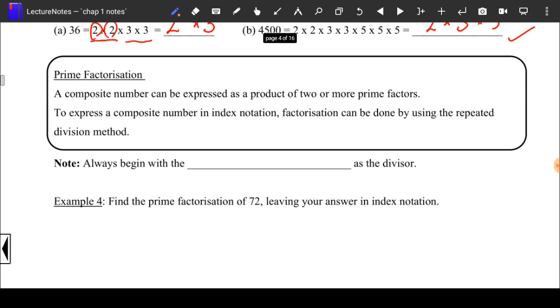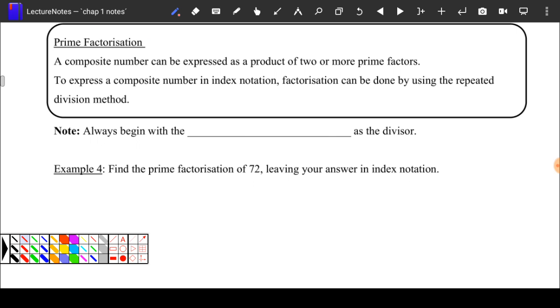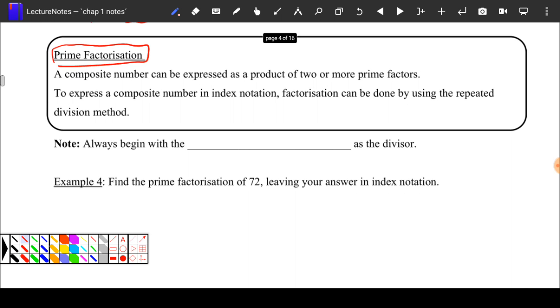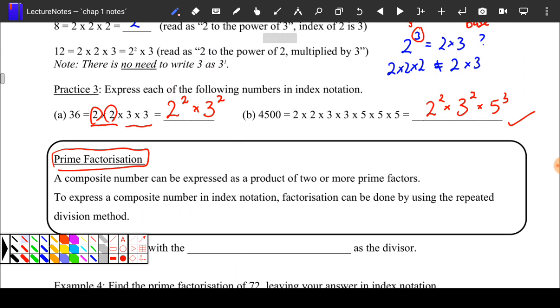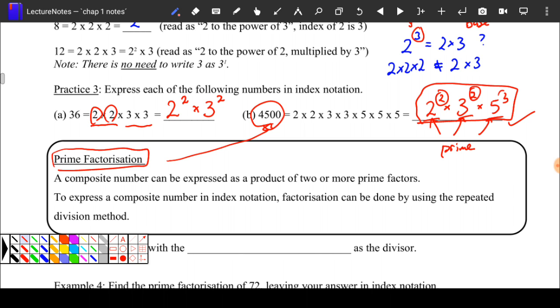Okay, let's go back to the next one. Now, prime factorization. One more, bear with me. Prime factorization means I want to express a number into what we call prime numbers. Now, notice that all these numbers are actually prime. So I want to break down a big number into some prime numbers and express it in terms of a power.